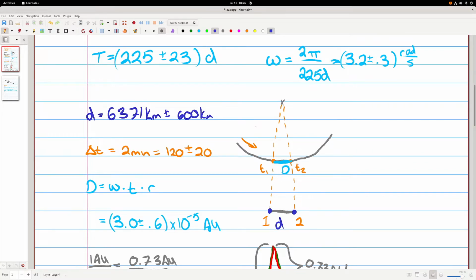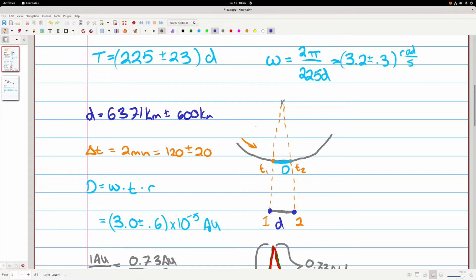To recap, this is the distance arced out by Venus during the time between observer 1 and observer 2. I think here we had it ended up being more than 10%. This is 20% here. This is a 20% error here.